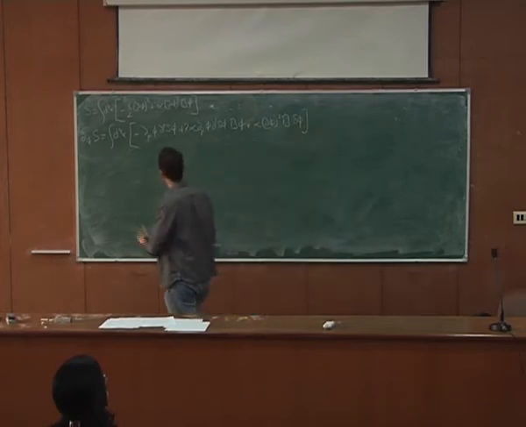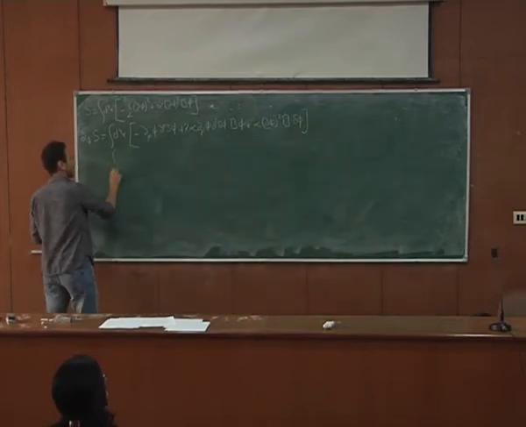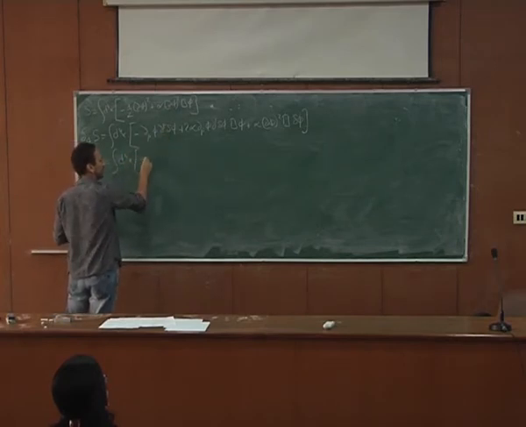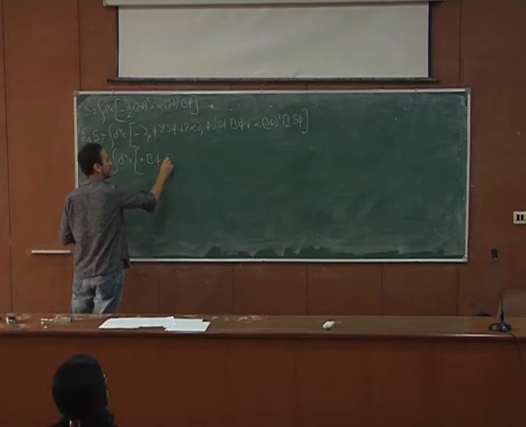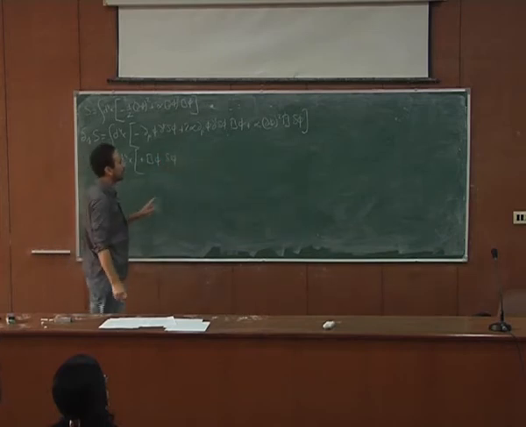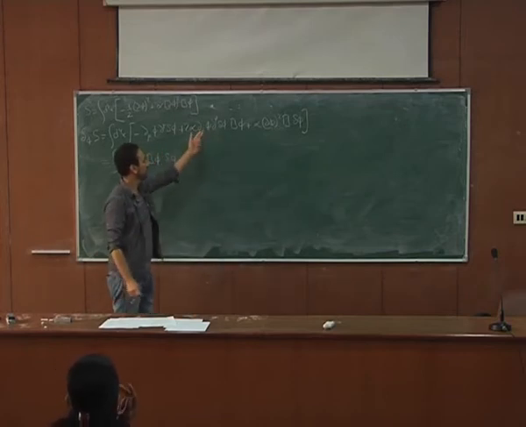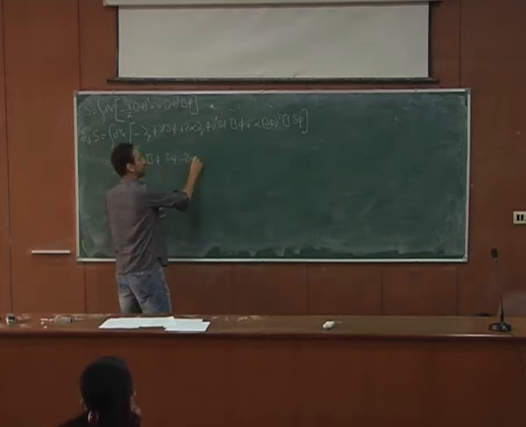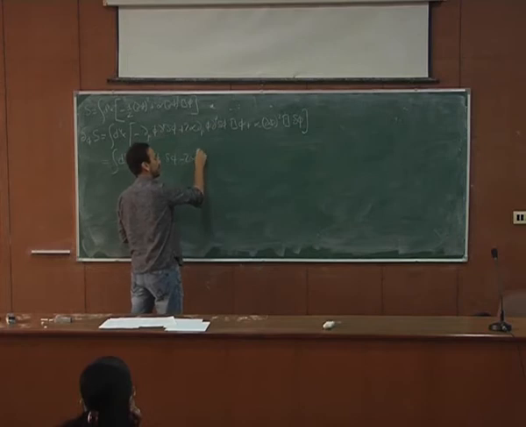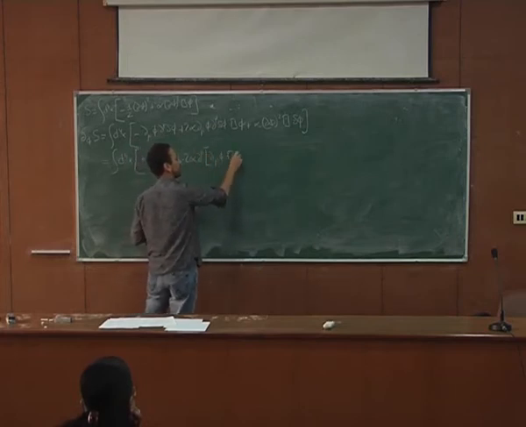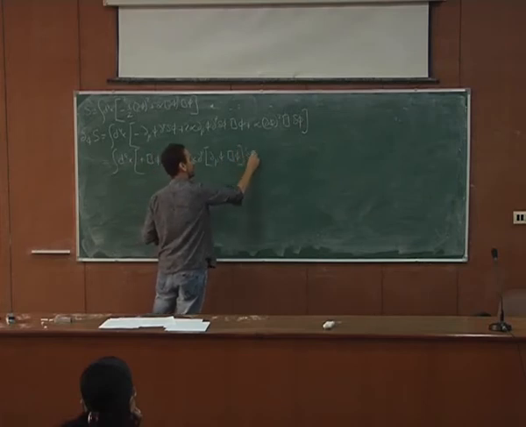Okay, so I'm doing the integration by parts, and here it becomes a plus box phi delta phi. This one, there is a d mu here, so it becomes a minus 2 alpha, and there is a derivative on d mu phi box phi delta phi.